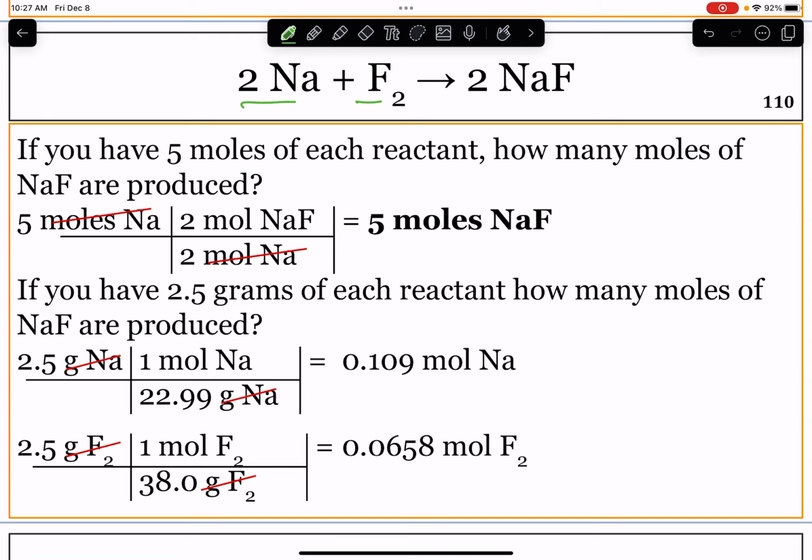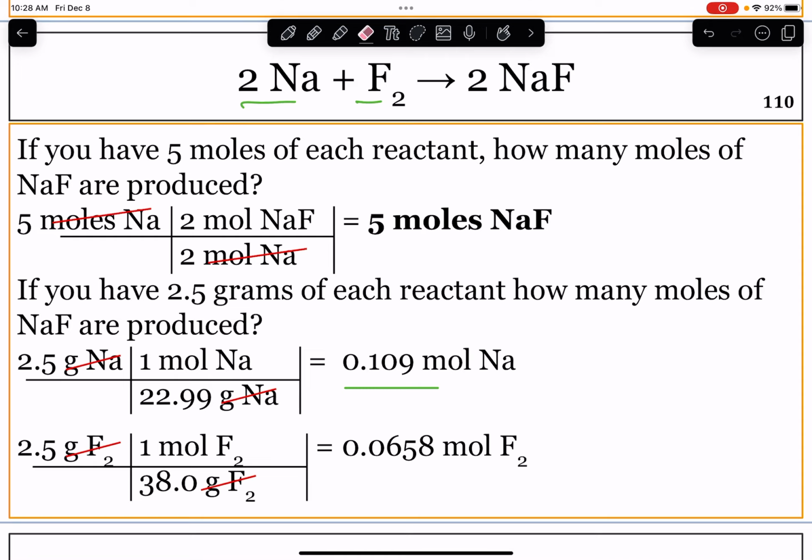Twice that of sodium, because of the 1-to-2 ratio, is 0.1316. So in order to react all of the fluorine, we would need 0.1316 moles of sodium, but we don't have that much. So that means we can't react all of the fluorine.